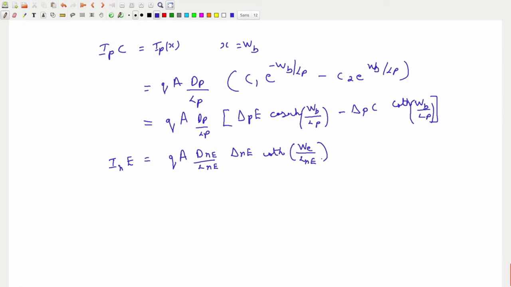And the current due to electron injection from base to collector, INC, will be equal to minus QA dNC by LnC, delta NC coth WC by LnC.